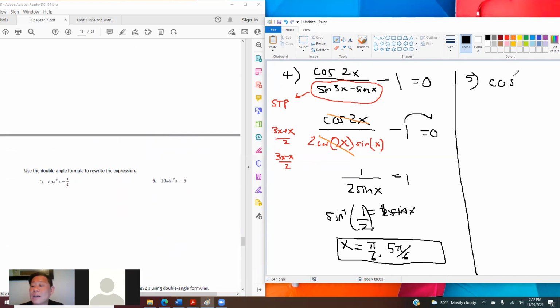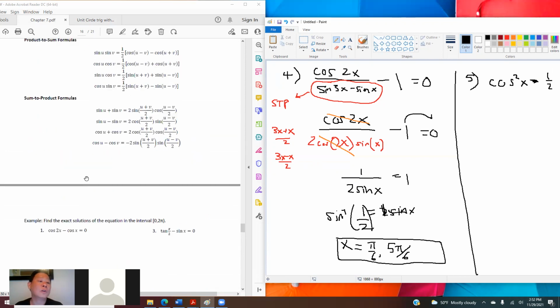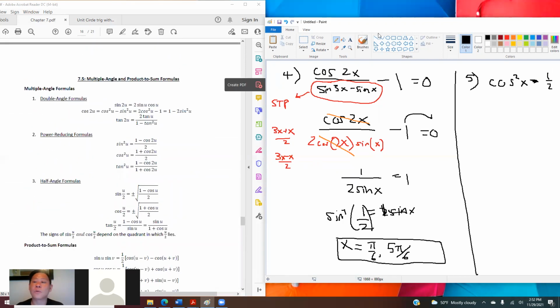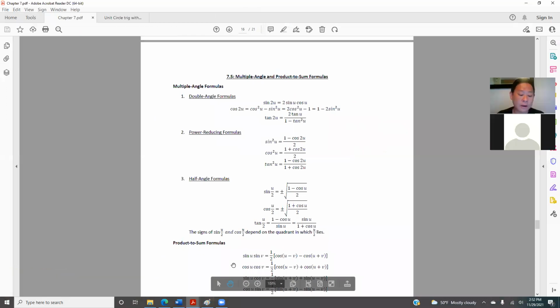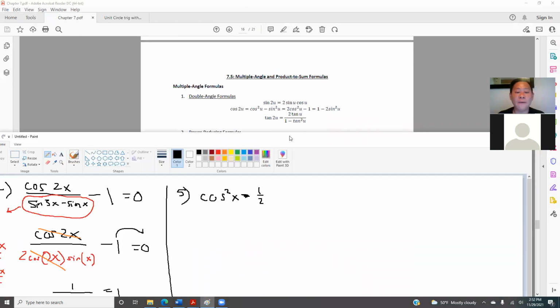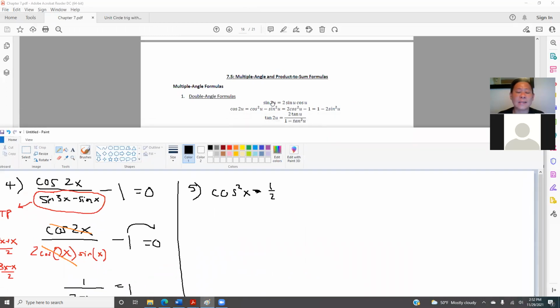The question is asking us to use a double angle formula to figure out what cosine squared x minus 1/2 is. Since this question is going to go right to left, which one of these matches this side? Sine 2u, cosine 2u, or tangent 2u?